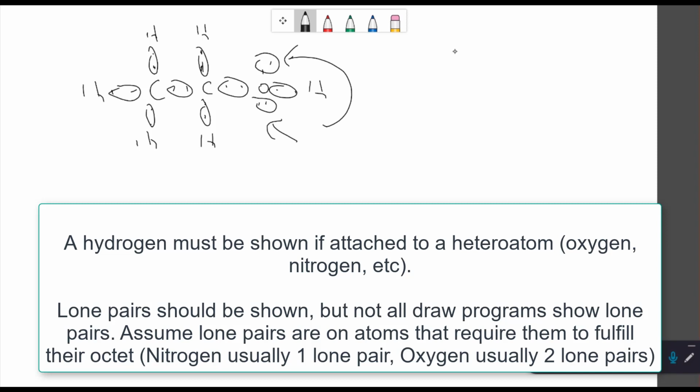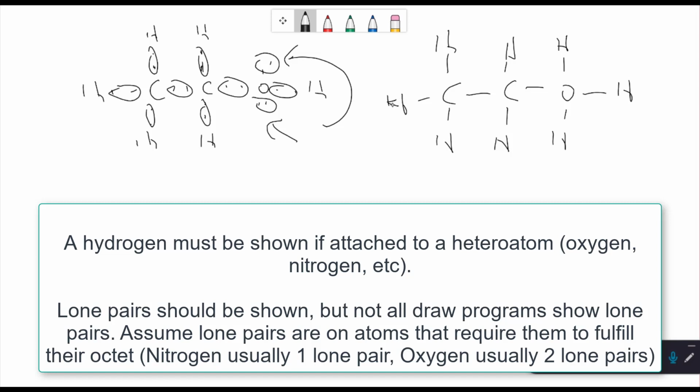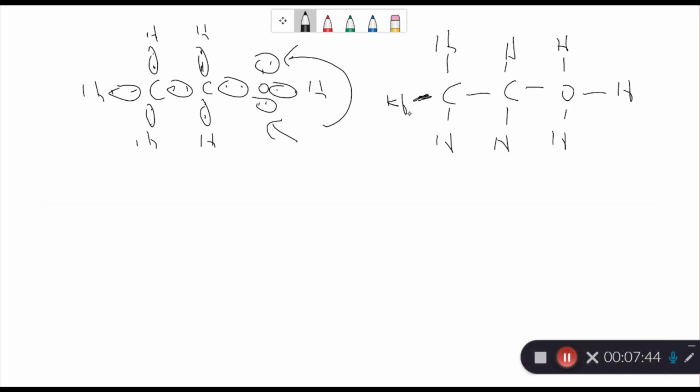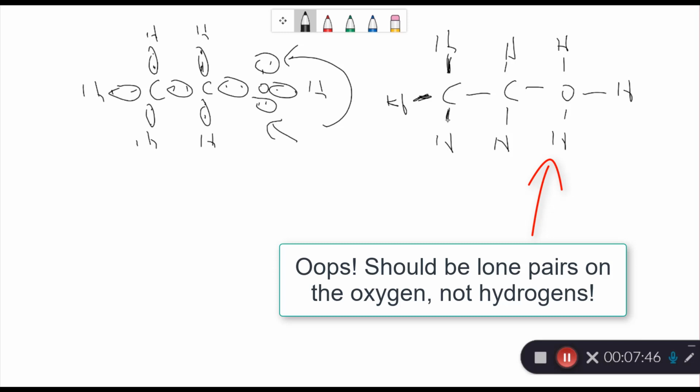So another way to draw this is as a line. Each one of these lines in between atoms represents 2 electrons in a covalent bond, as we implied before.